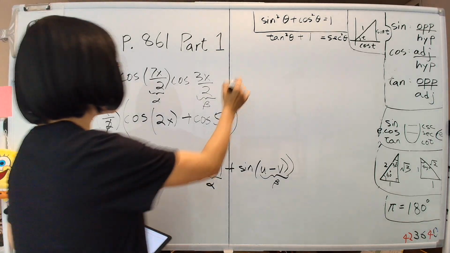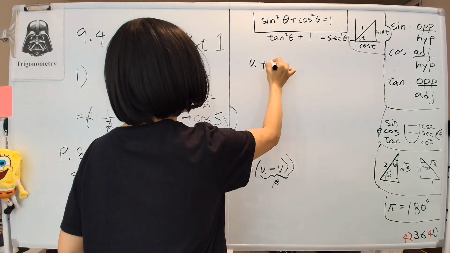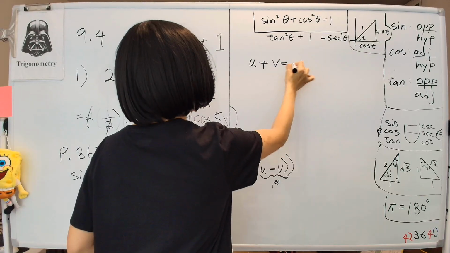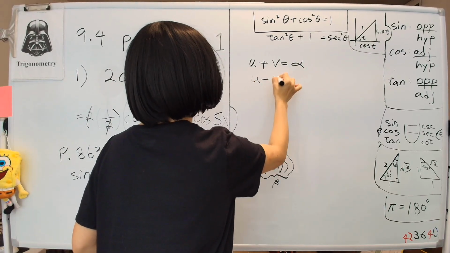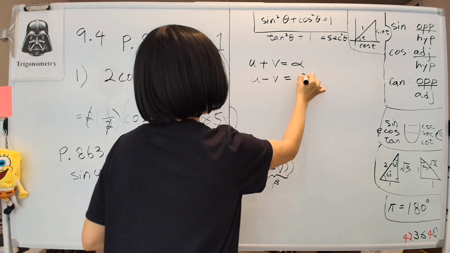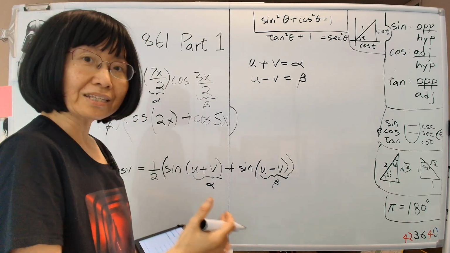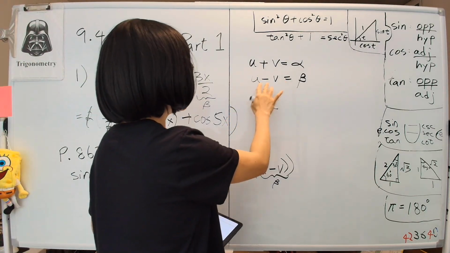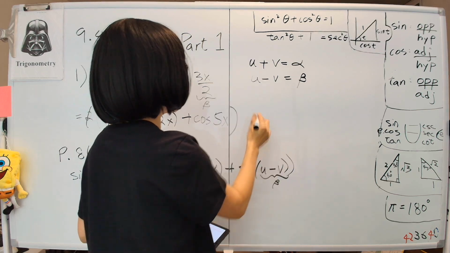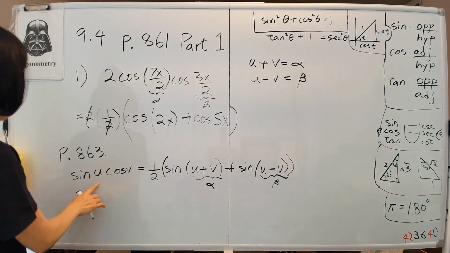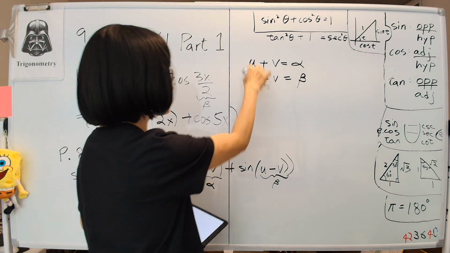So if u plus v is equal to alpha, and u minus v equal to beta, then we need to do the trick that calculates what is u and v in terms of alpha and beta, and then we'll plug it in right here. Okay, to do that, we add these 2 equations up.